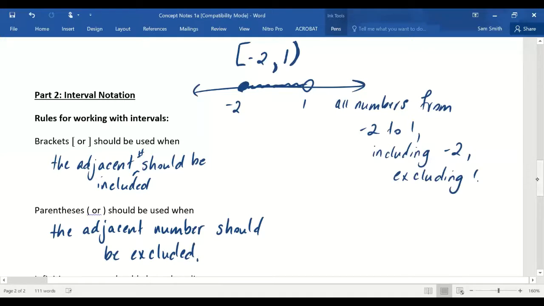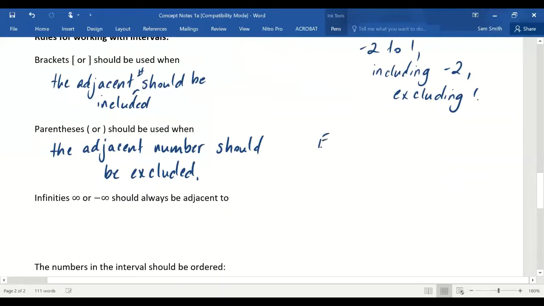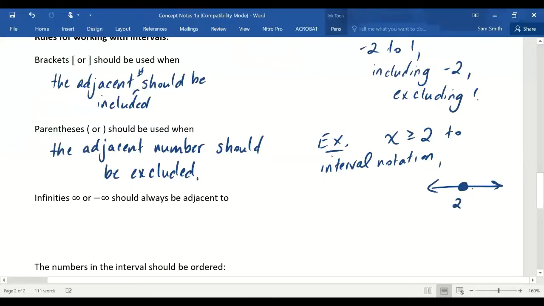So for example, suppose that I'm trying to convert something like x greater than or equal to 2 to interval notation. If I quickly sketch this on a number line, x could be 2 itself, x is allowed to equal 2, and x is allowed to be anything greater than that. Now, this region doesn't really have a border on the right-hand side.